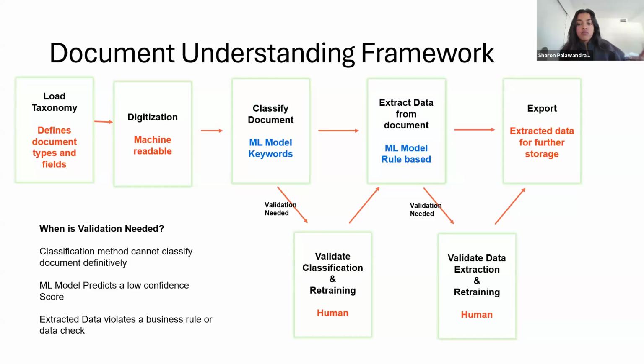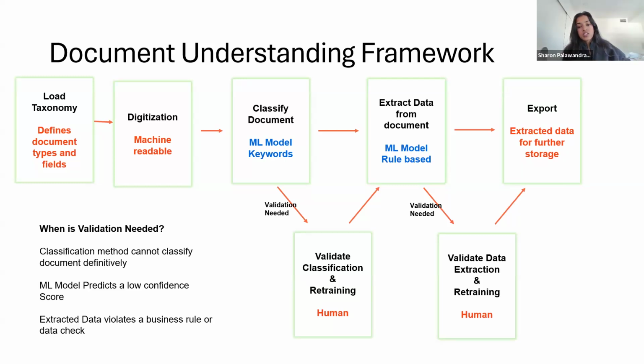To transform the document into machine-readable or language-readable context. It would do some kind of named entity recognition for the context and identify metadata of that document for further processing. So that's what happens in the digitization step.